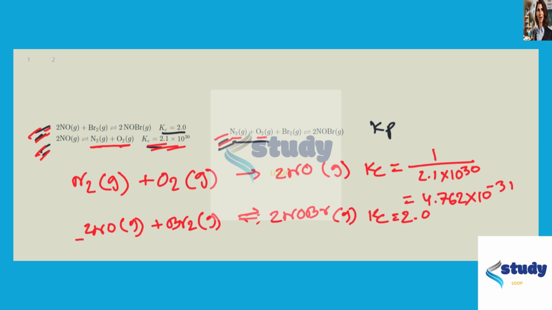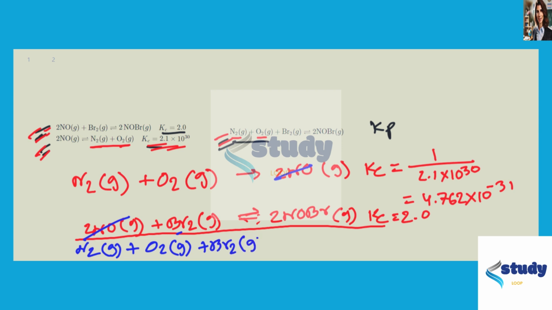Now if we just add up these two reactions, we can cancel the 2NO, and the overall reaction will be N2 plus O2 plus Br2 giving us 2NOBr, and the Kc value for this reaction will be simply the product of the Kc values of these two reactions.